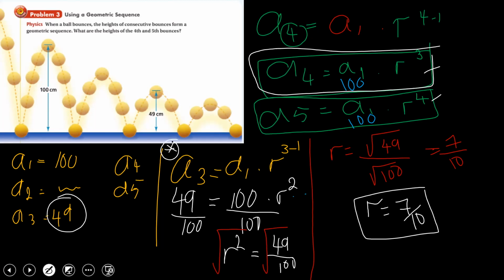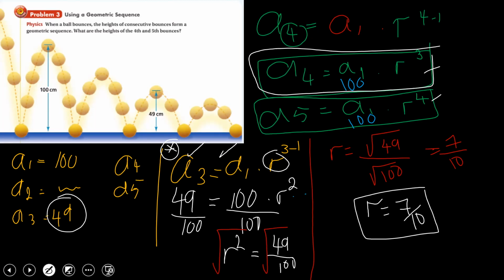Since I have a3 and a1, I can find r. a3 is 49, as we said. a1 is 100, and r, keep it as r, raised to the power 2, which is 3 minus 1. Then after I divide by 100, I get r squared equals 49 over 100.